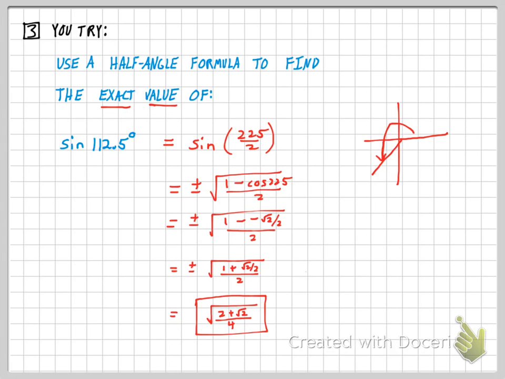And when I simplify that down, I end up with the final answer of positive square root of 2 plus root 2 over 4. My answer is positive because my original angle, which is the half angle, is located in the second quadrant, and since I'm dealing with the sine function, I should have a positive answer in the second quadrant.